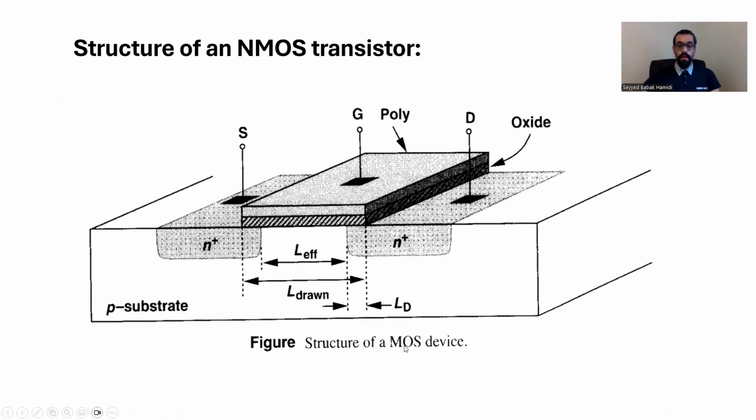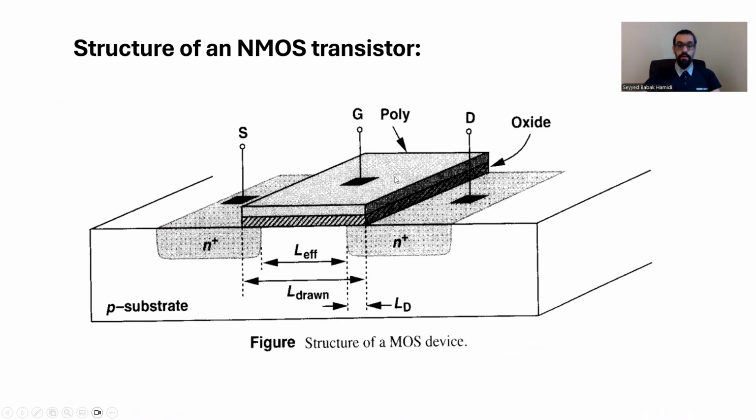To form the MOSFET transistor inside that P substrate, the silicon substrate, we will diffuse two N plus areas to form the source terminal and drain terminal. Between these two N plus, we will add oxide as a dielectric, and because our substrate is silicon, this oxide would be silicon oxide, or SiO2.